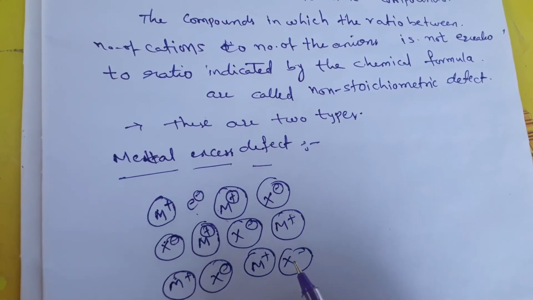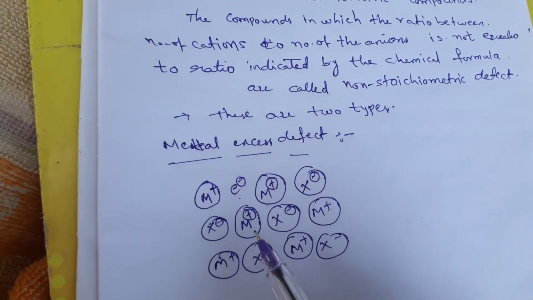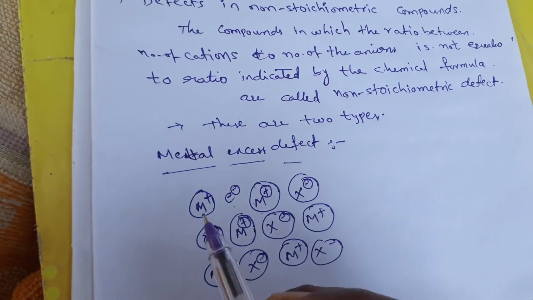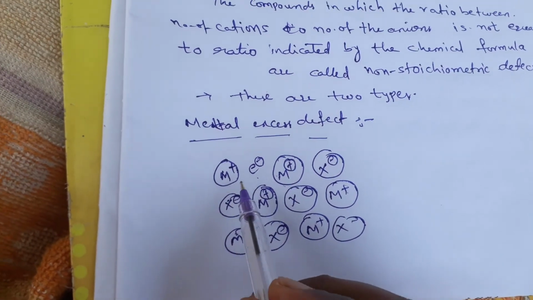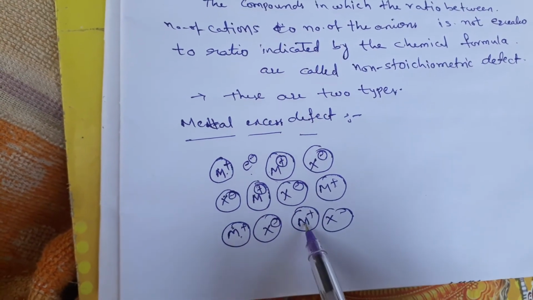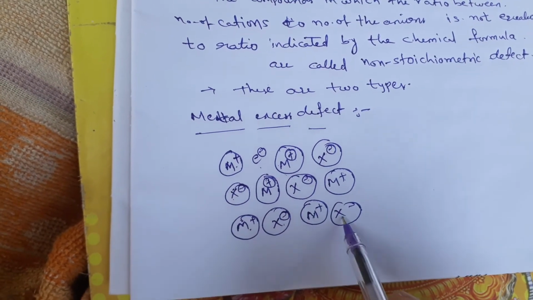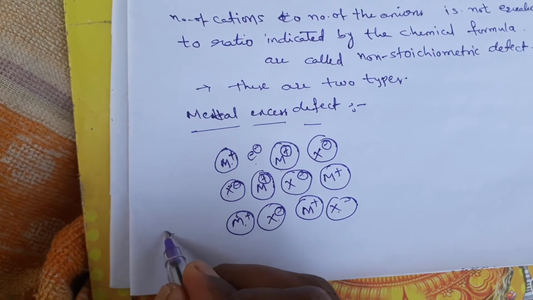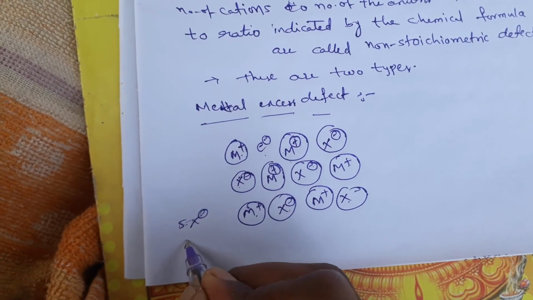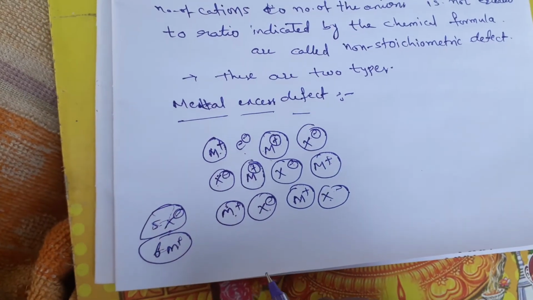Then these are the metal excess defects. So here if you see, electrons are there. How many metals are there here? 1 2 3 4 5 6 metals are there. How many anions are there? 1 2 3 4 5 anions. Only 5 X minuses and 6 M plus. So this we call metal excess defects.